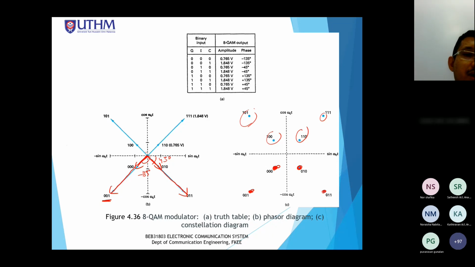Similar with the phasor diagram, we have another, this one. So you see that this is for the 3-bit. Imagine if you have many bits. So we're going to have many constellations. So the idea of a constellation is that we want to see the location of the symbols. Again, if the symbols are close to one another, the chances of error are going to be much higher.